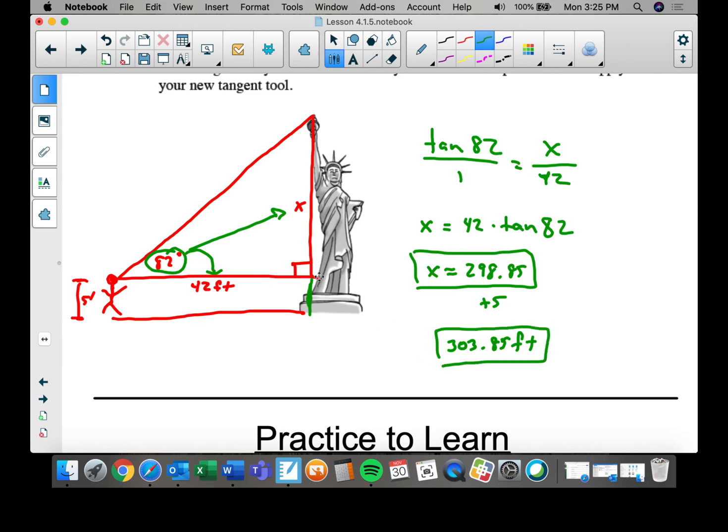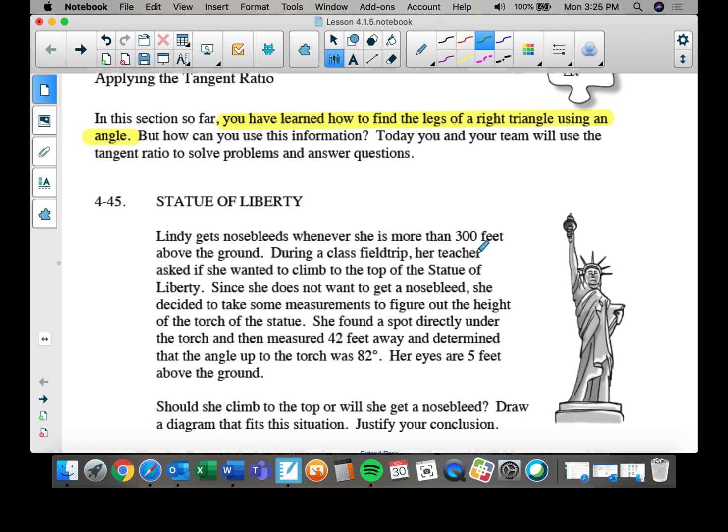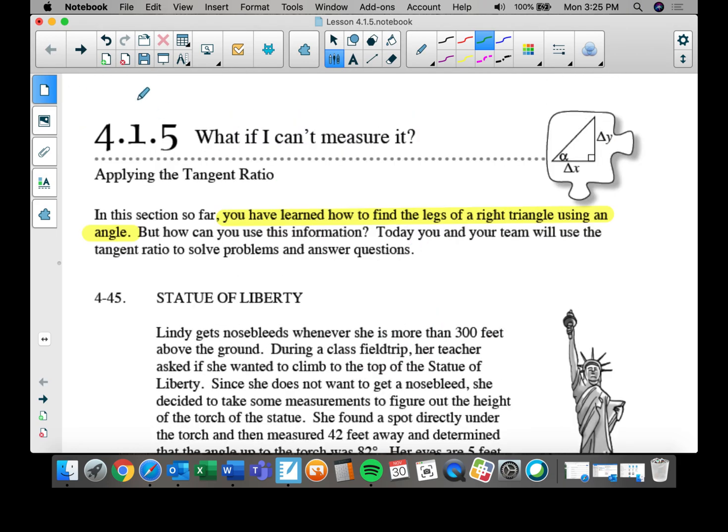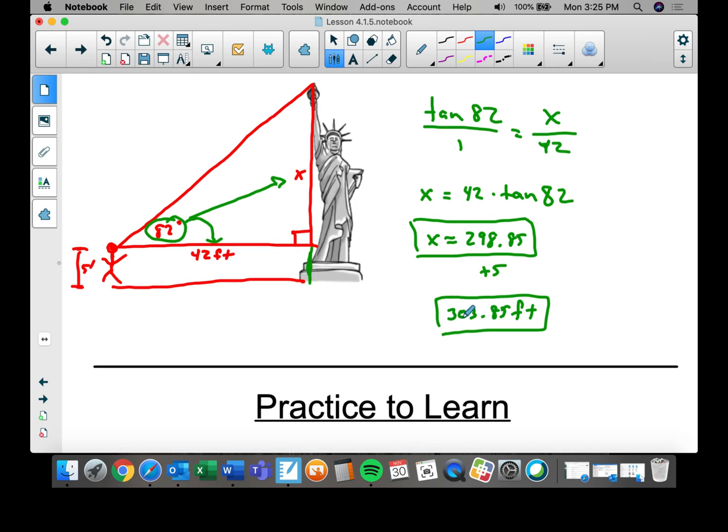Going back to the problem, it said Lindy gets nosebleeds if she's more than 300 feet above the ground. In this case, she would be more than 300 feet above the ground, almost 304 feet.